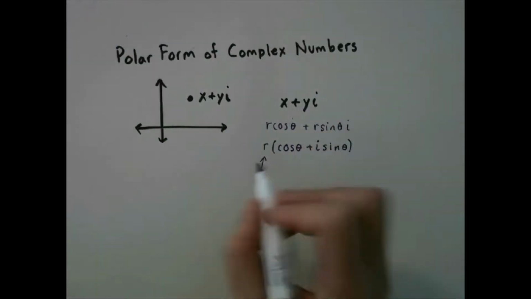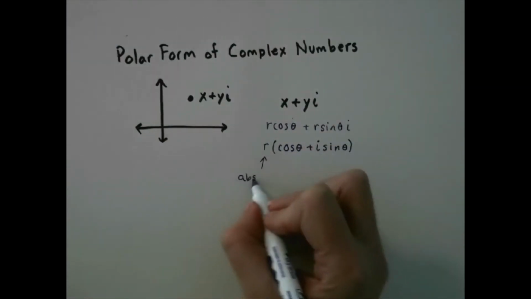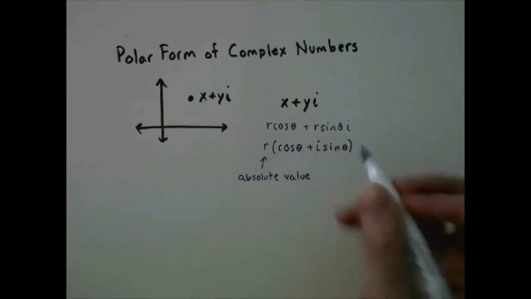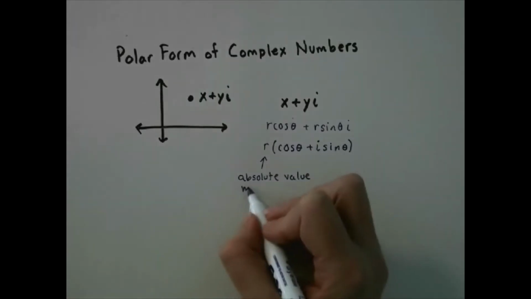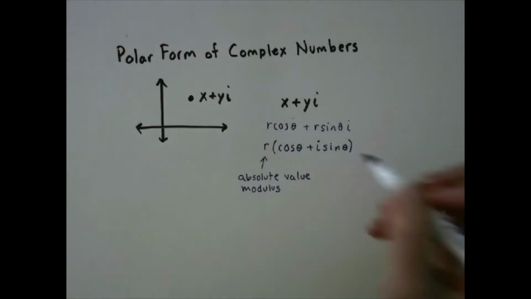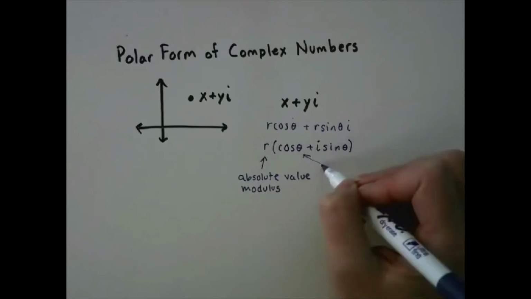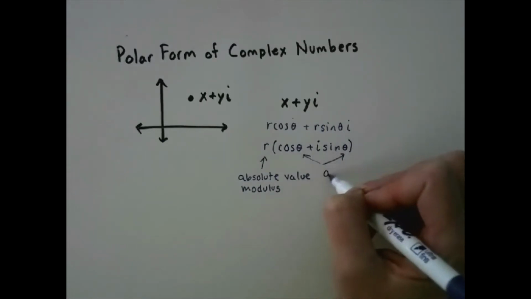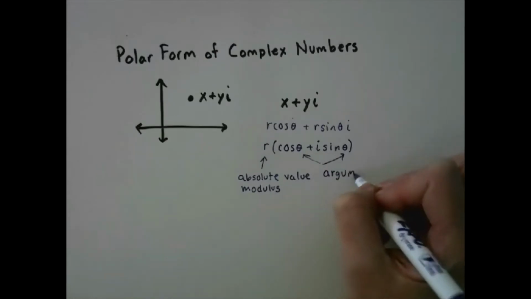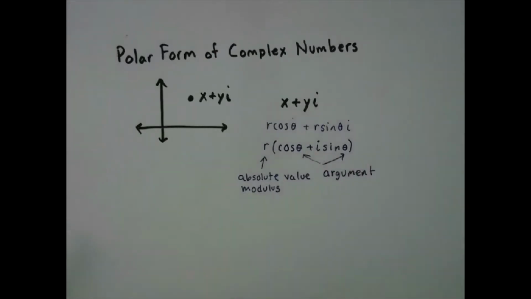The r is the absolute value, also known as the modulus. Okay, and then the theta is either the amplitude, or sometimes you're going to see it as the argument. Couldn't tell you why. I'm just interested that you know it's r and theta.